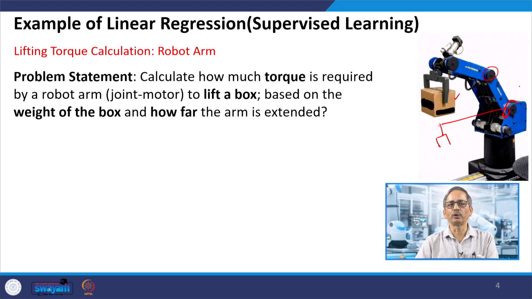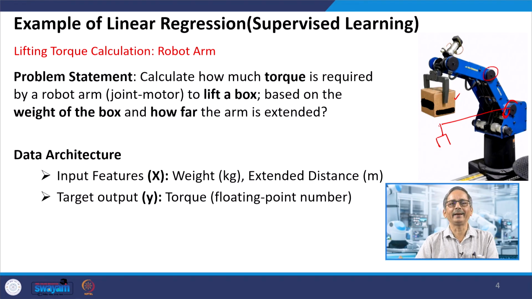The data architecture could have input features in the form of weight and the extended distance. For the maximum stretch, we take this configuration and calculate the joint torque. We can change two parameters, the weight and the extended distance, and the output is the torque.